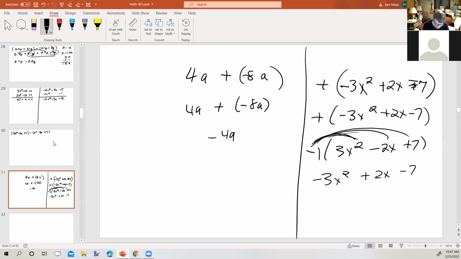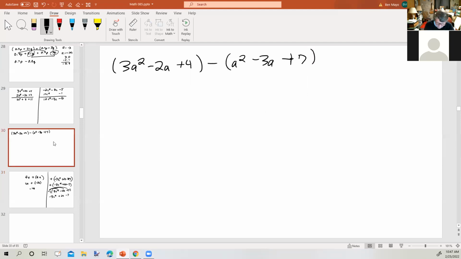Okay, now let's go back to this problem. With nothing in front, I just rewrite it. It's as if there's an implied 1 out there that we're distributing. But now I've got a subtraction sign. I'm going to change that to addition of the opposite. So this becomes a minus, this becomes a plus, and this becomes a minus.